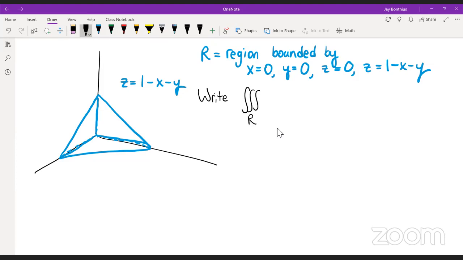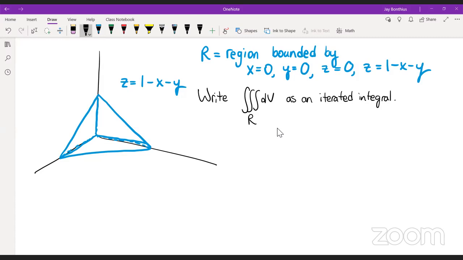Okay, and we're going to write the integral, let's say just the integral dV as an iterated integral. And let's write it in multiple ways.